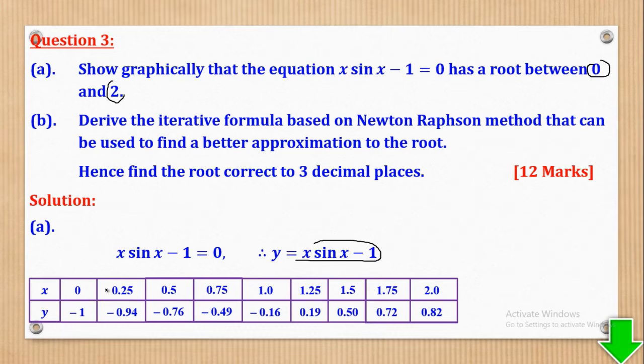So the question is, why did I use 0.25? It is because if, for example, I use 0.1, there will be very many values because I have to put 0.1, 0.2, 0.3, 0.4, 0.5, so there will be 20 points to plot, which is too much. But remember, in our case, we need a minimum of 5. As long as they are 5 points, you are good to go.